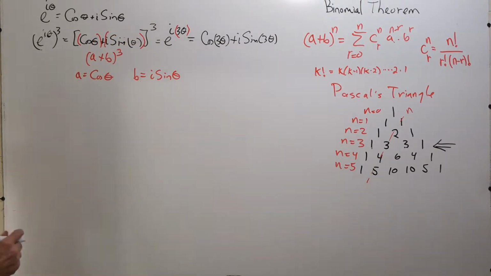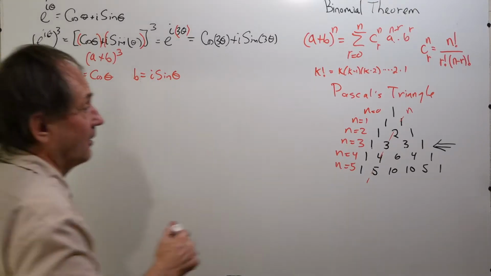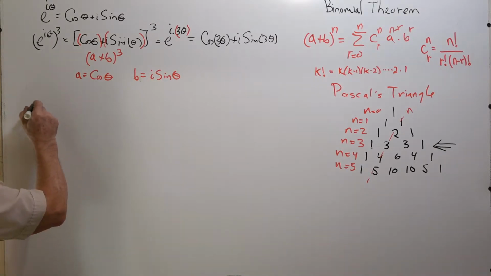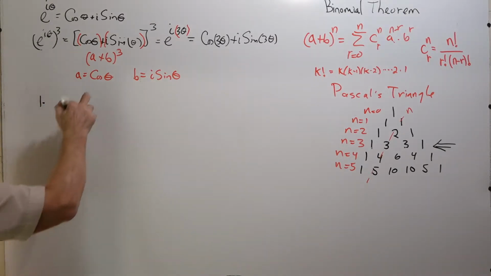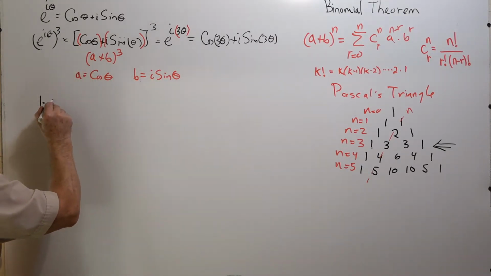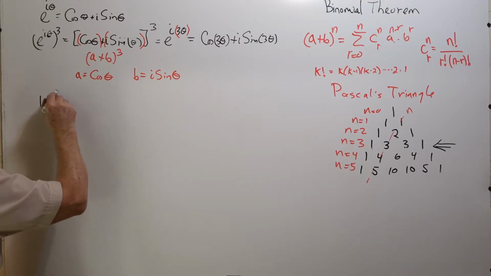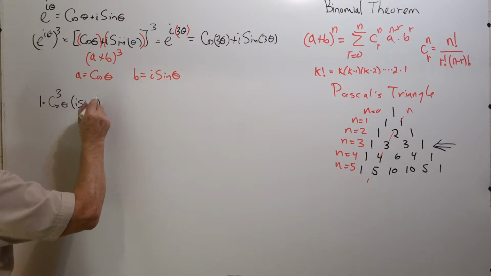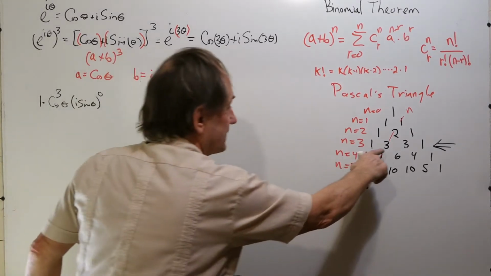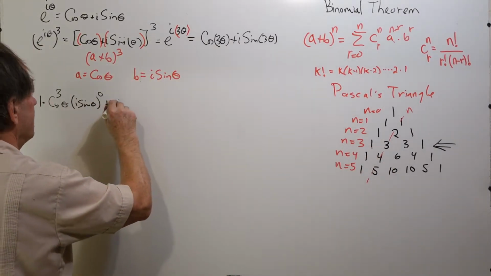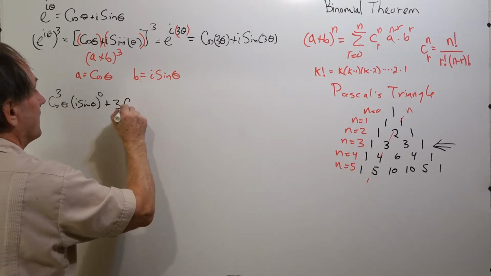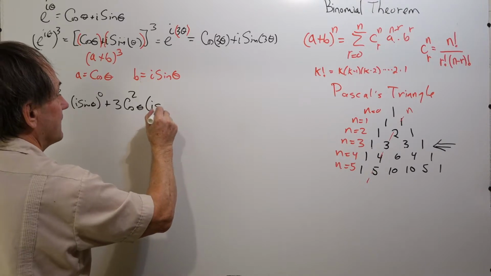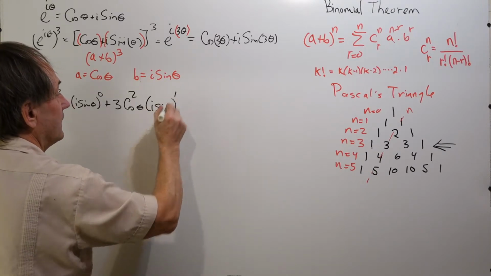So now we start on row 3. We write down a 1. Then we start off with a to the third power, or cosine theta to the third power, and i sine theta to the 0 power. The next term has a coefficient of 3. We decrement the power on the cosine and increment the power on i sine by 1.